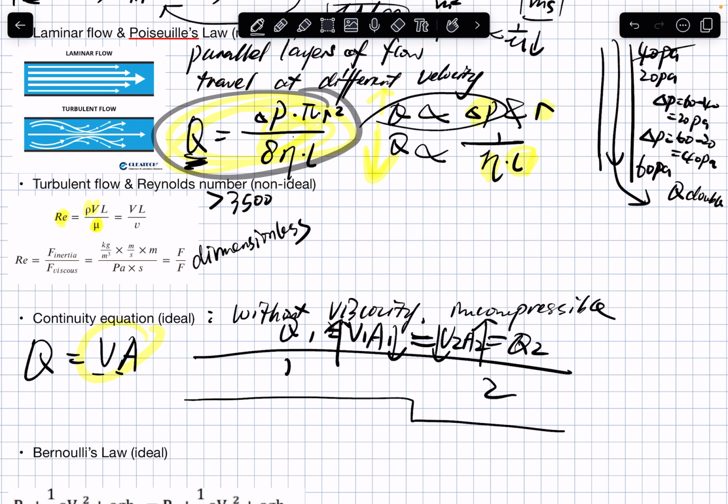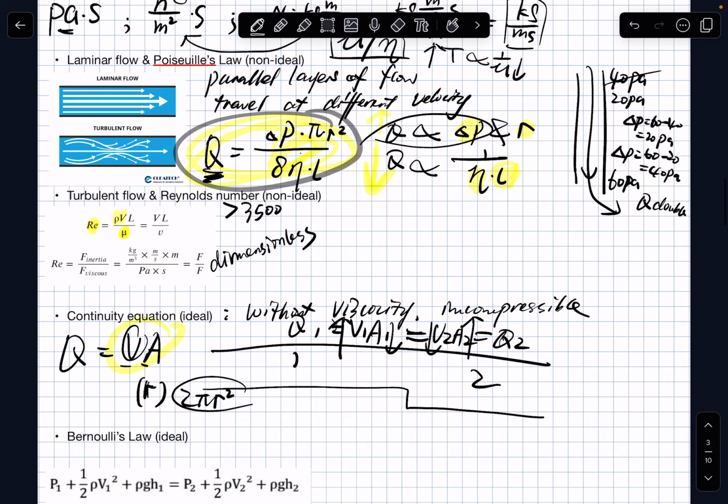They would tell you the radius, and if it's a cylinder, the cross-section area is pi r squared, so you have to calculate the area from the given r and multiply by the velocity to get the flow rate. And this velocity you might not find in the passage, but it's in the graph or the table, things like that. So that's the continuity equation.